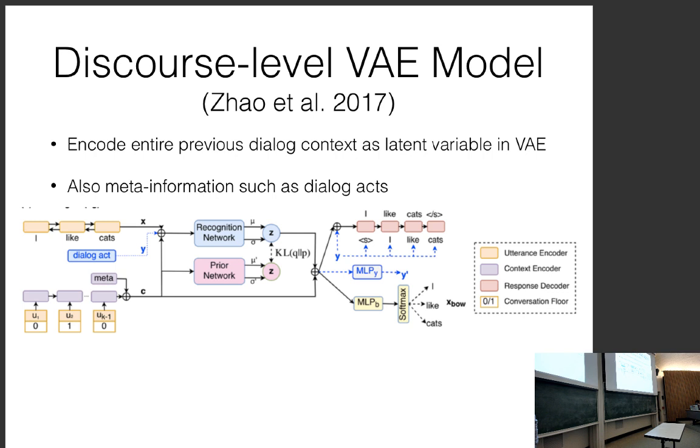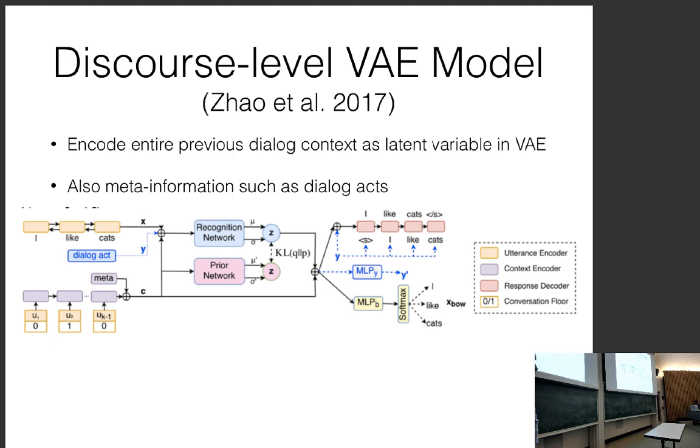But the way it works is you encode the previous utterance. You also encode things like dialogue acts and meta information that you have from the previous context. And you run this through a prior network that tries to predict the next state, and also a recognition network.